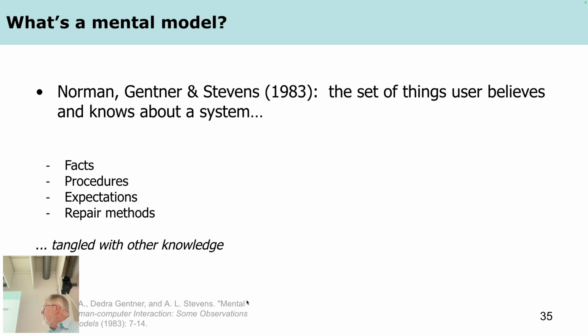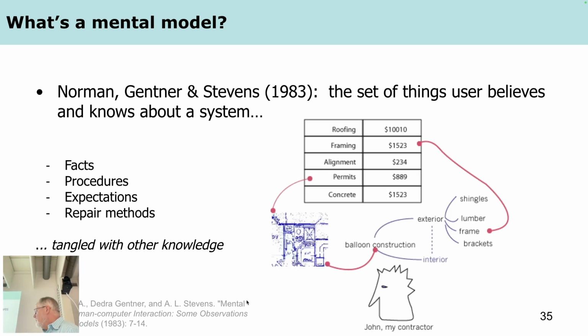So the classic definition of a mental model is from this paper by Don Norman, Dedre Gentner, and Stevens. Basically saying it's a set of things that the user believes about a situation, a system, or whatever. So usually the facts, procedures, expectations, and repair methods. So it's all this kind of stuff, which I think of as kind of a welter of knowledge.